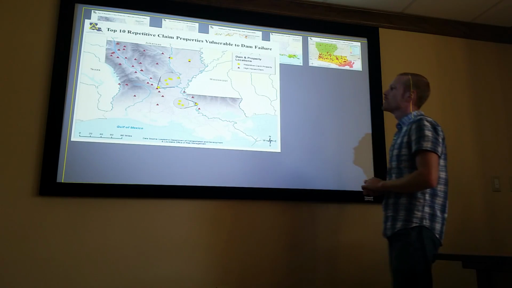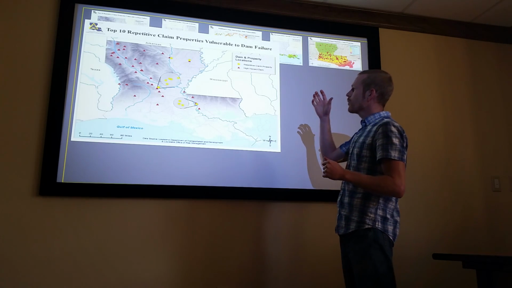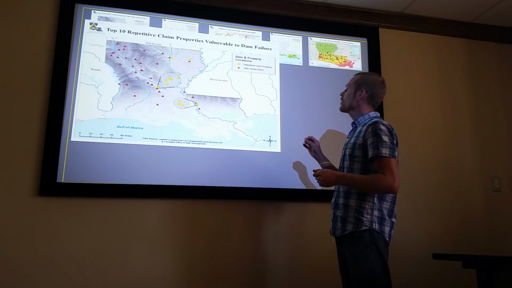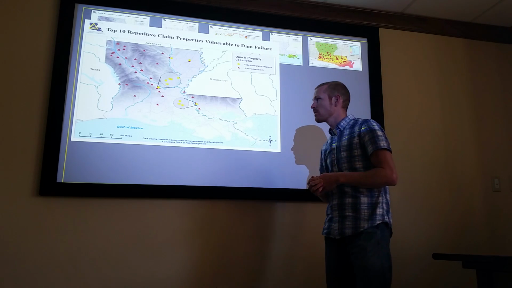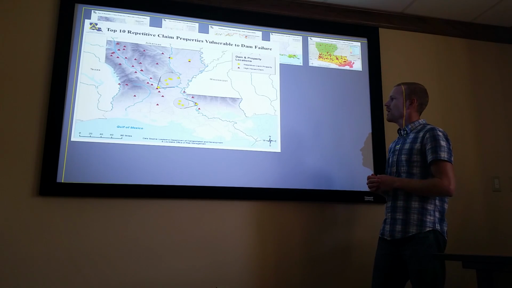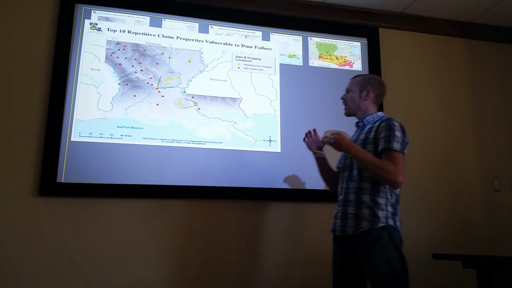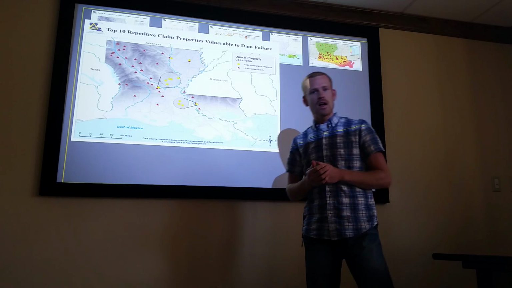Coming back to the location of dams that I talked about earlier, we decided just to map the high hazard dams. And then we also wanted to map repetitive claim properties that have been repetitively damaged. We did some different types of analysis. We did a 5-mile buffer around high hazard dams.